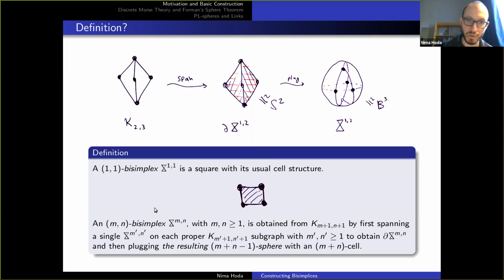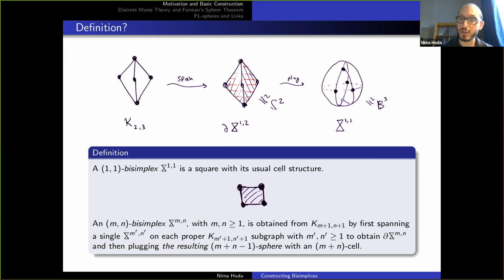A 1-1 bisimplex is a square with its usual cell structure. An m-n bisimplex with m and n at least 1 is obtained from the complete bipartite graph K_{m+1,n+1} by first spanning a single m'-n' bisimplex on each proper K_{m'+1,n'+1} subgraph, with m' and n' at least 1.